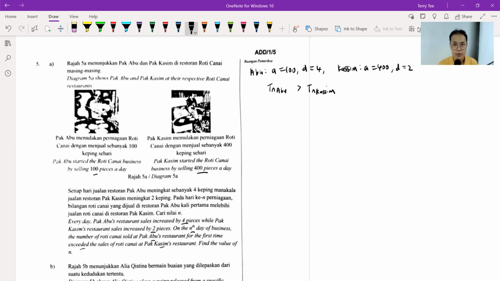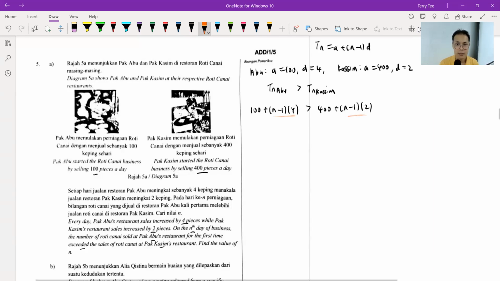So we know we can use Tn in arithmetic. Tn equals a plus n minus 1 d. Your a is 100, n minus 1 d is 4. This is greater than Pak Kasim, which is 400, n minus 1 d is 2. Okay, now in the past, I would tend to expand all this, but nowadays I don't do that anymore because I think it's easier if you think this is 4 times of n minus 1.